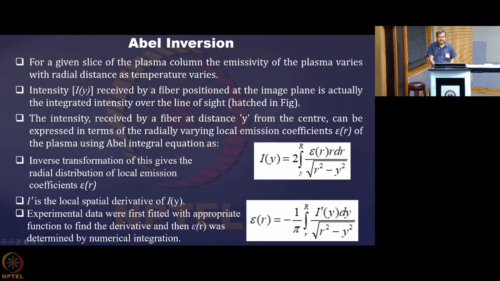This is the y, and the intensity I am getting is integrated over all r of epsilon r times r dr divided by the square root of r square minus y square.